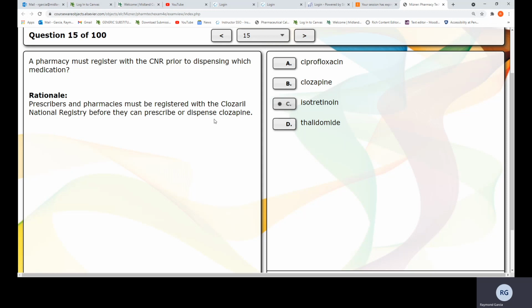So CNR means Clozaril National Registry before they can prescribe or dispense clozapine. And clozapine is for people who are drug addicts, especially with methamphetamines, to take them off, to get them off their tolerance.